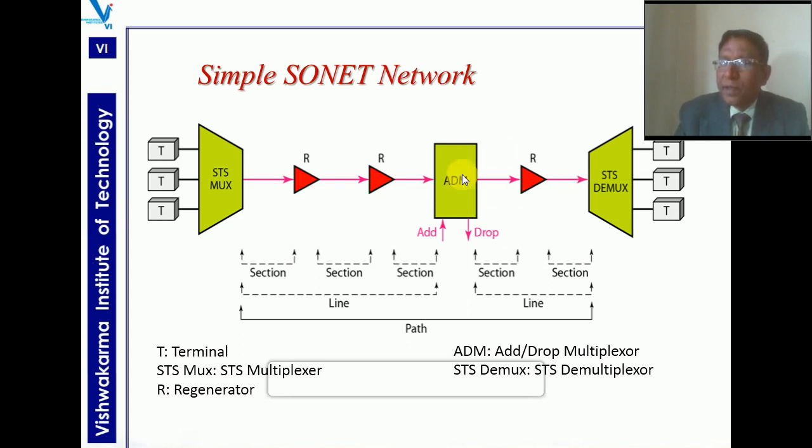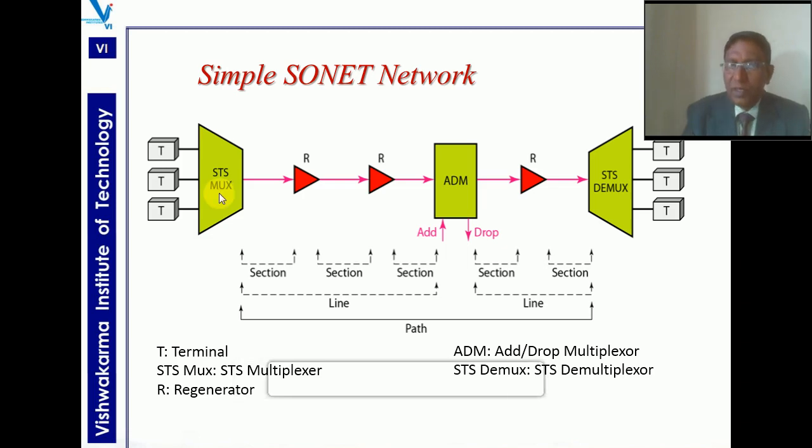This ADM, add-drop multiplexer, can add different signals, and also it can give the path away to different connections. The STS demultiplexer does the reverse process. It will convert the optical signals into electrical signals and give them to the terminals.